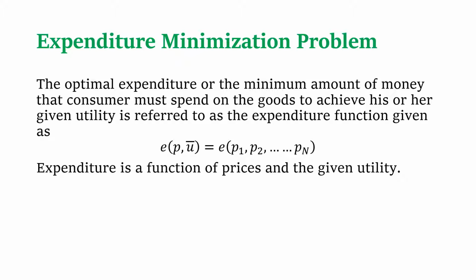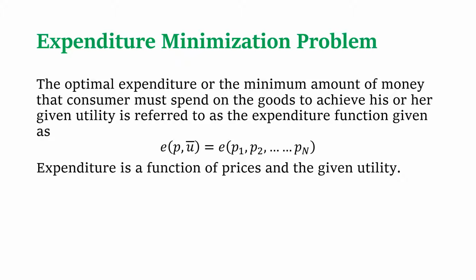Now, the optimal expenditure, or the minimum amount of money the consumer spends on the goods to achieve his or her targeted utility, is referred to as the expenditure function.